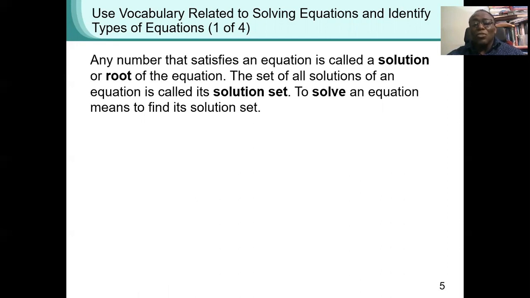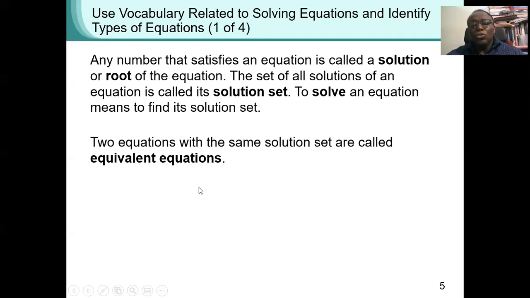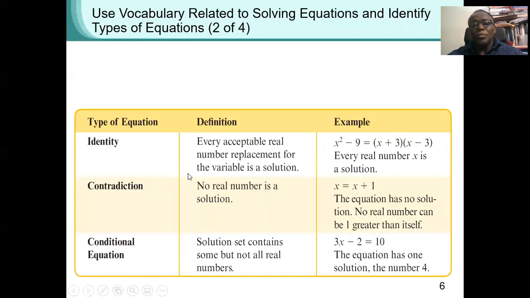For example, I can find the value of the x variable. Most of the time we find the result of the variable. So two equations with the same solution set are called equivalent equations. If we have two separate equations, but their solution sets are the same, then the equations are equivalent.